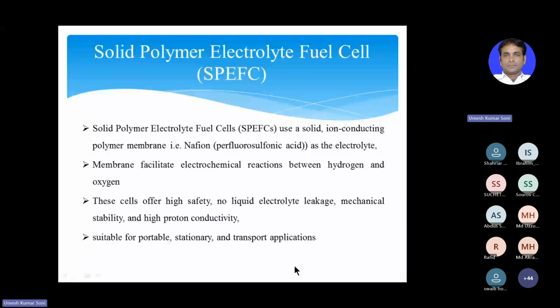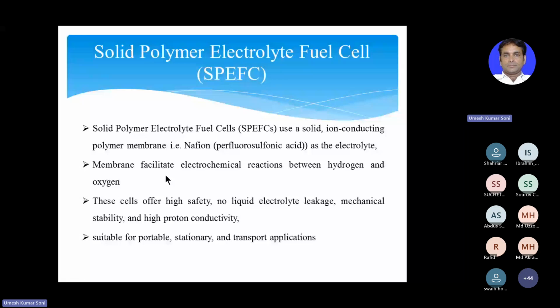So here SPEFC is used. This is an ion conducting polymer membrane, and this membrane facilitates the electrochemical reaction between hydrogen and oxygen. Means this is a very thin membrane.